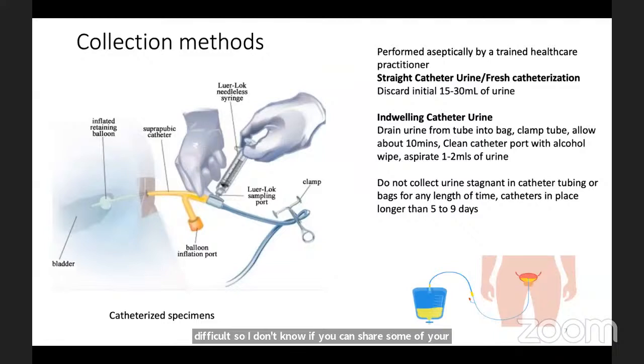Can you be specific with the difficulty, if possible? The coagulase test, the 24 hours. Yeah, Beatrice.